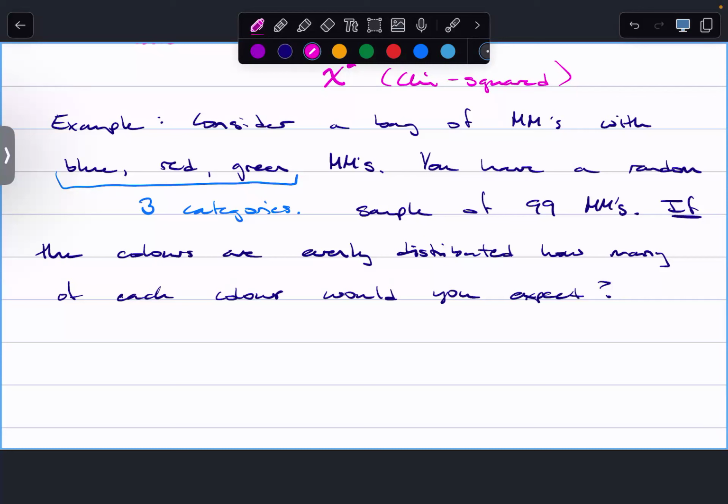And I'll highlight here. This is our expected distribution, right? Or the hypothesized distribution. I would expect 33, 33, and 33.